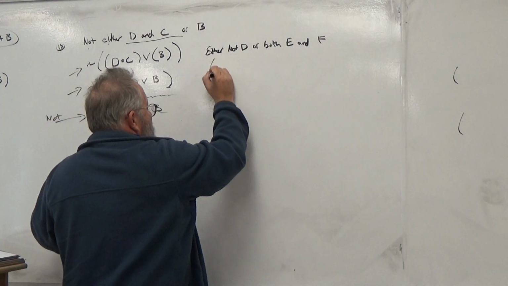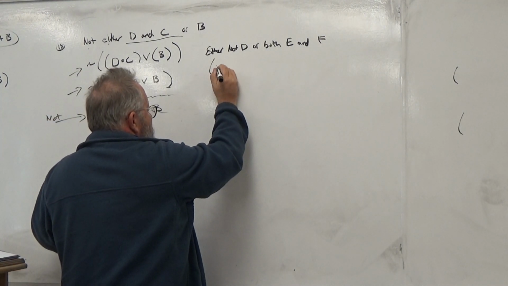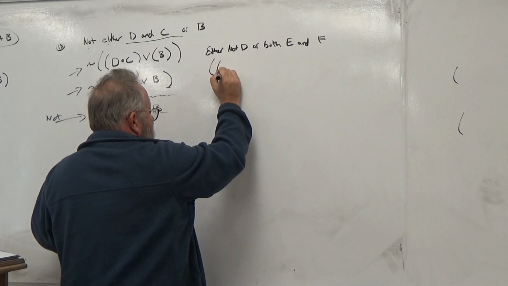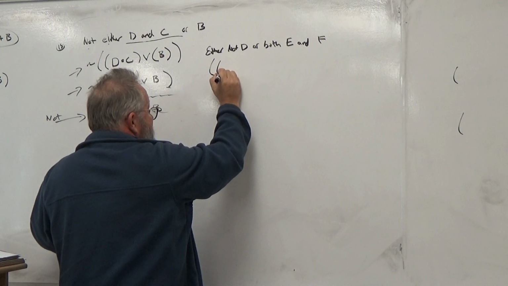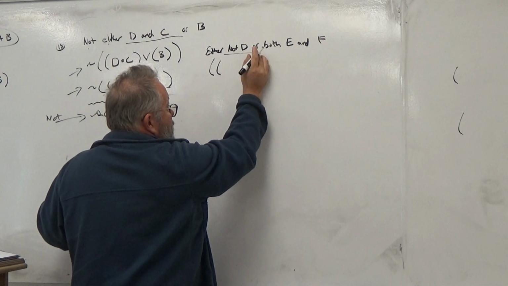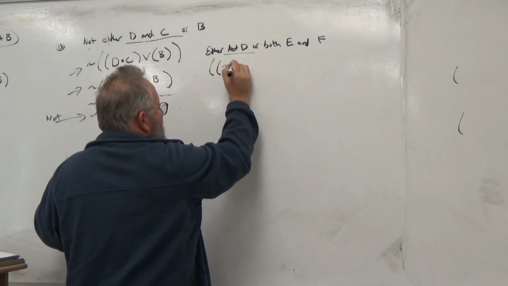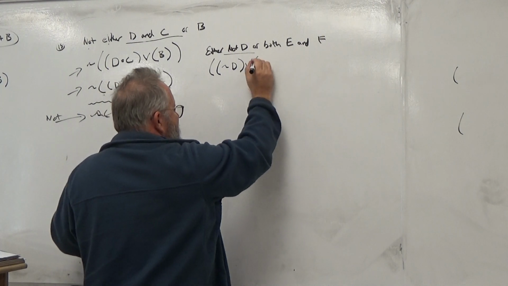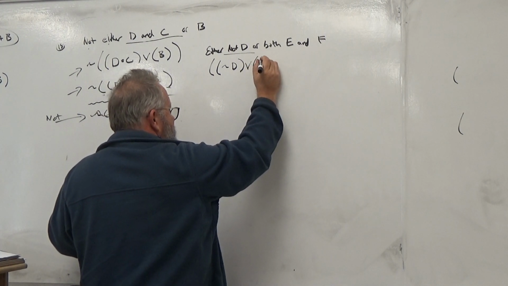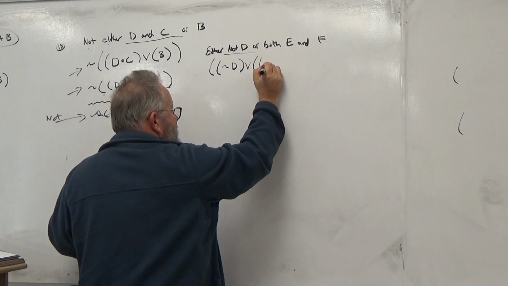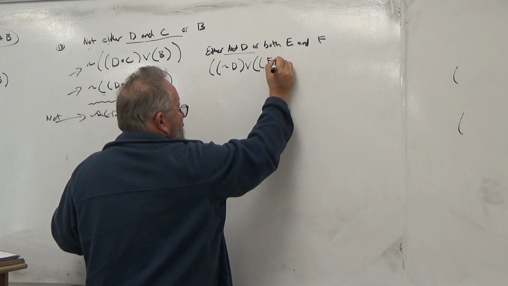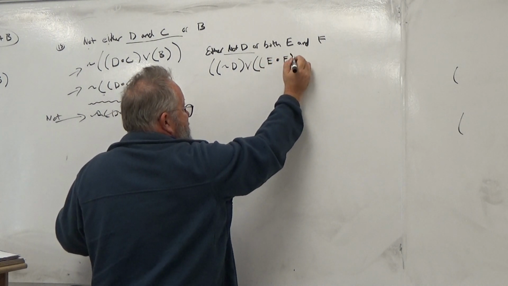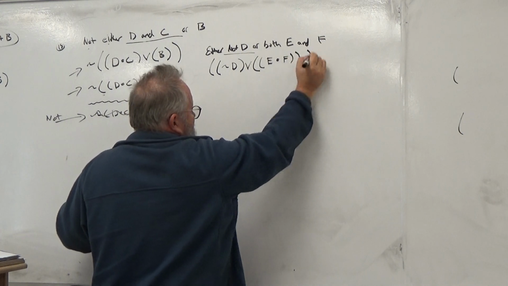Either. So I'm starting an or, and so I'm starting a disjunct. Until I get to the or, all this is the first disjunct. Boom, there's the or. So not D is the first disjunct or, and I'm starting a second disjunct. It says both, so to be safe, I'm going to keep the next stuff together. E and F, close that. Close that, close that.